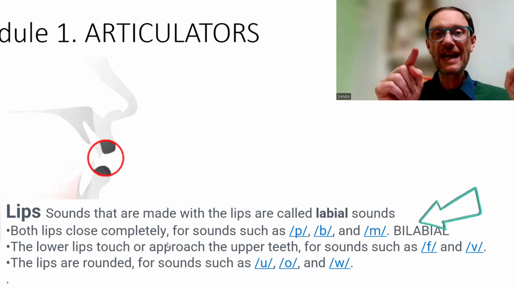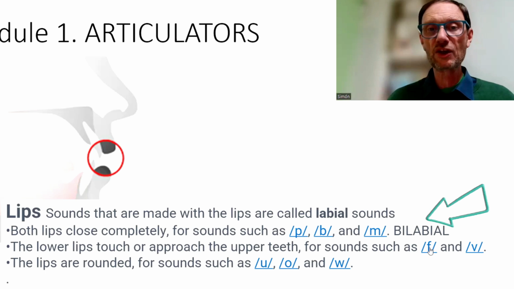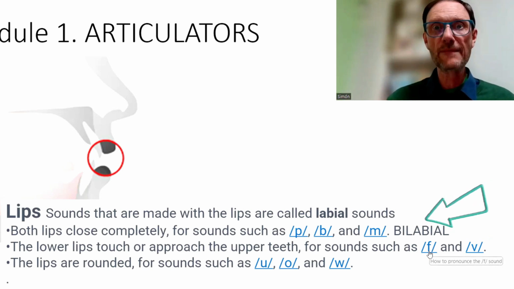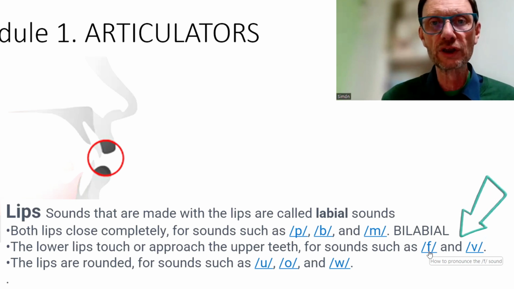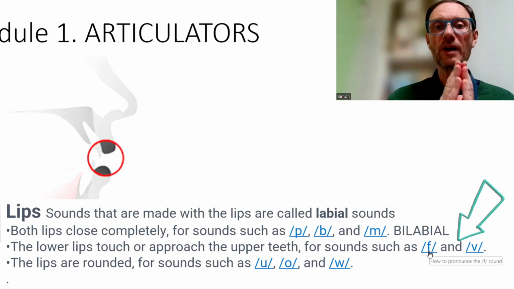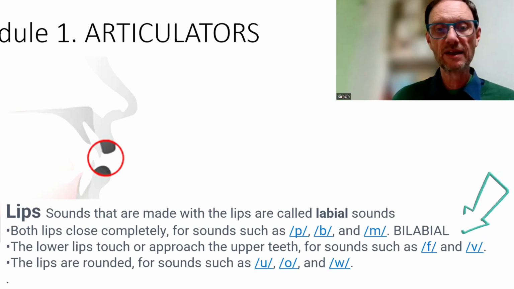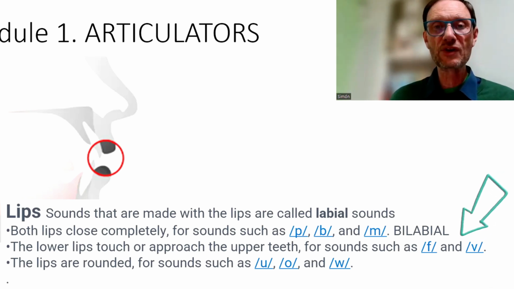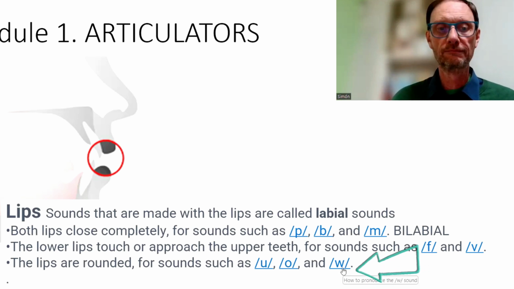And when the lips and the upper teeth touch each other, then these sounds are called labiodental, for example, f and v, which have the same shape and the same articulators, but one is unvoiced and the other one is voiced, v. And when the lips are rounded, then we make sounds such as oo, o, or w.